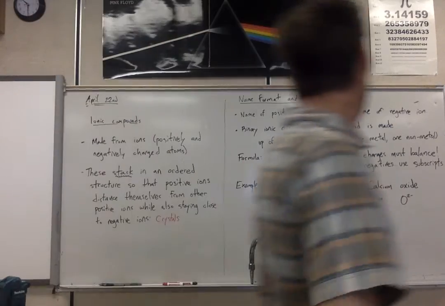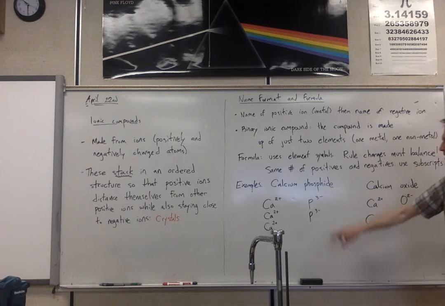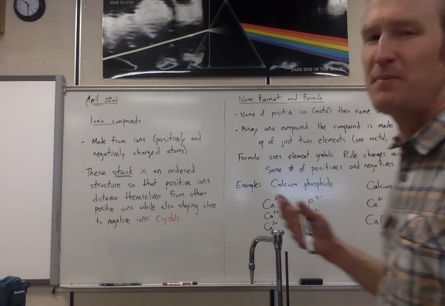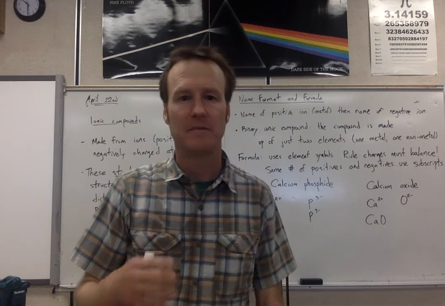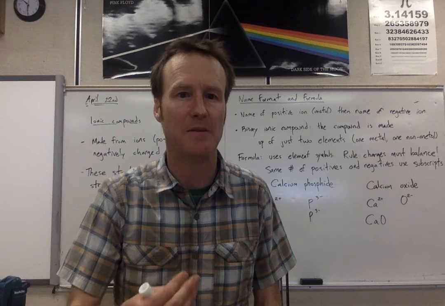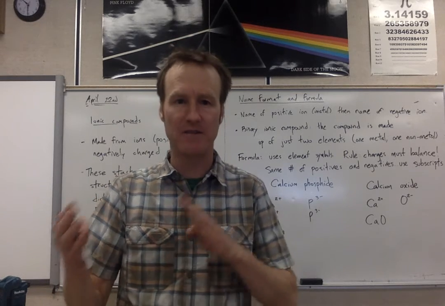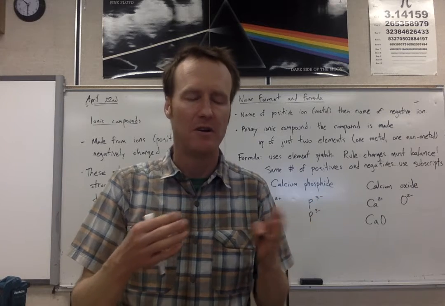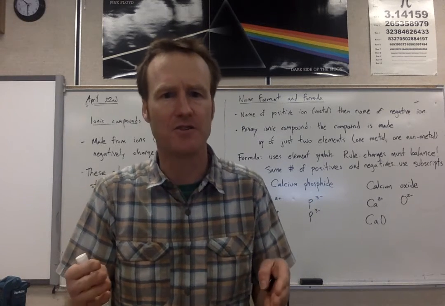Notice, I put 1, 2, 3 calcium ions here and 2 phosphide ions right here. This is going to tell us the subscripts we need. Now let me be clear. The subscript is not the charge. It's the number of ions in play that gives you your ratio of positives to negatives in that crystal structure.